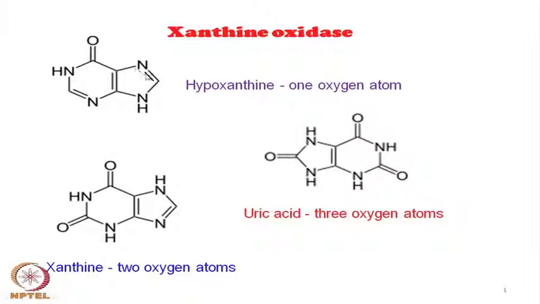So, if we consider that the transformation mediated by this molybdenum bearing enzyme xanthine oxidase is taking place from the conversion of hypoxanthine to xanthine and then xanthine to uric acid, which is deadly for the living system and also for the human being.